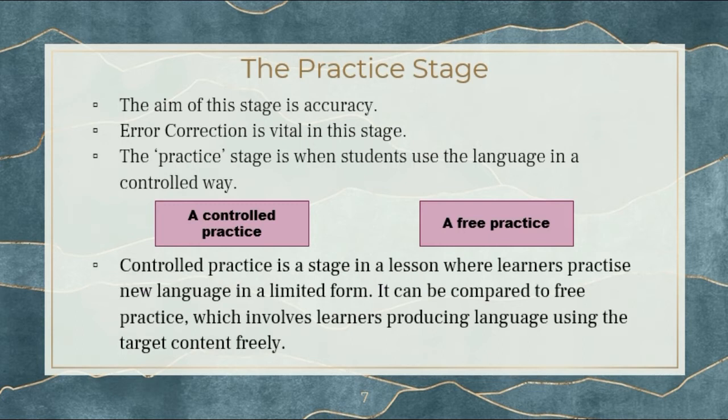So from here, we can say that controlled practice is an exercise given by the teacher that contains a limited form, while in free practice, the students can use their own food vocabulary. For example, they eat burgers at home, so they use the word burger for the exercise.